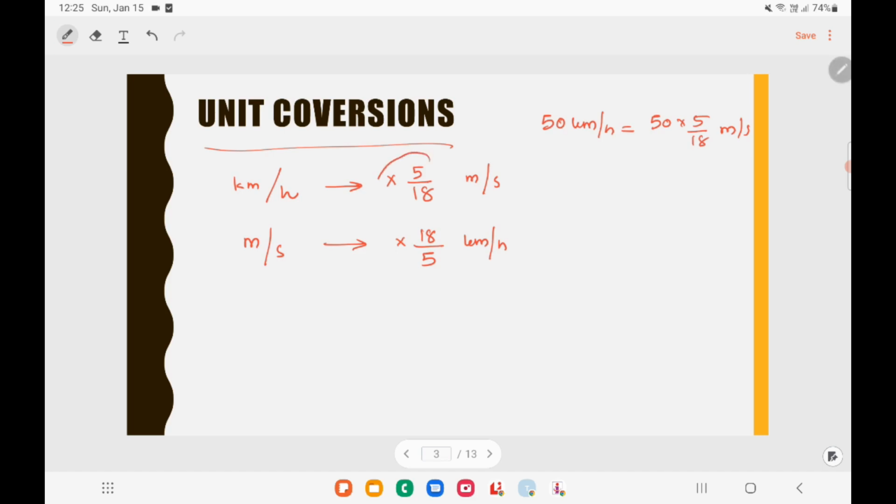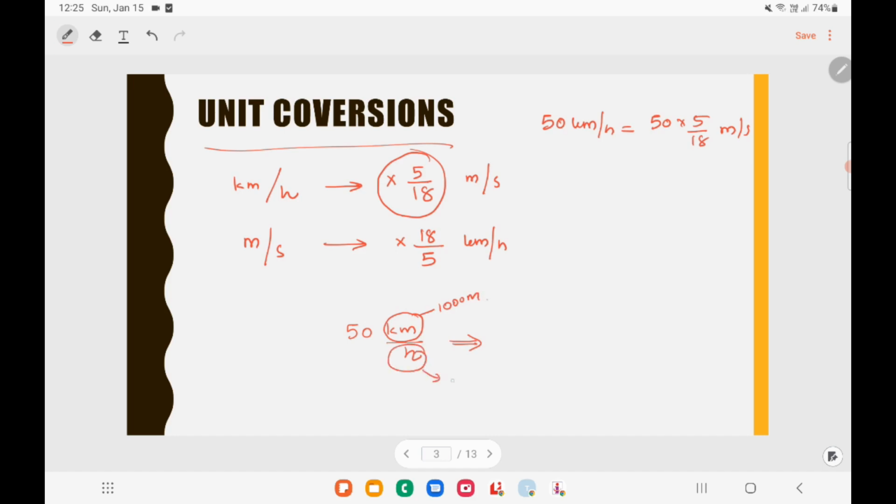So how did you get this 5/18? Some students might forget that you need to multiply by 5/18. If you forget it, you don't need to worry. You can solve it using the concept. So you have 50 kilometer per hour, and you need to convert this into meter per second. You know that 1 kilometer is 1000 meters, right?